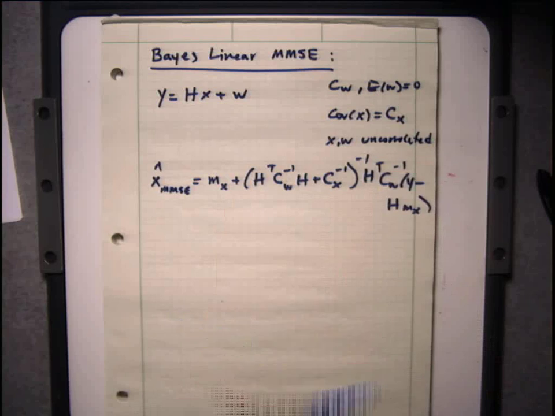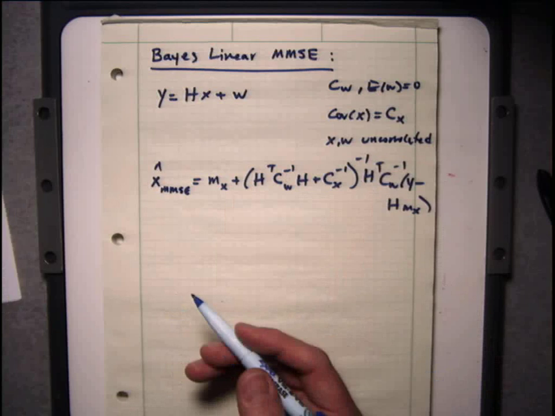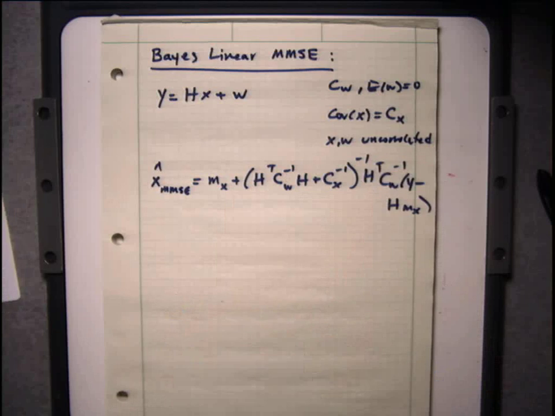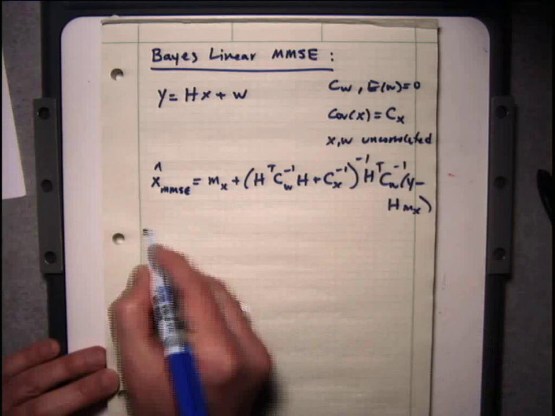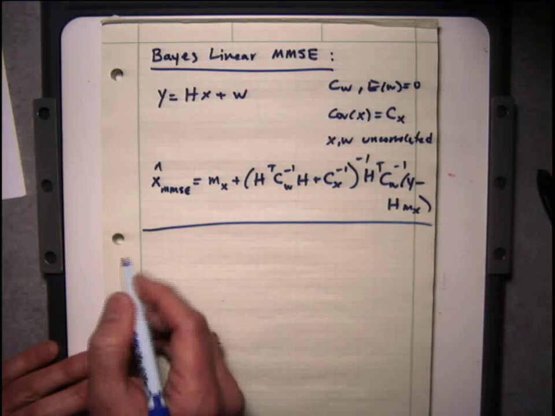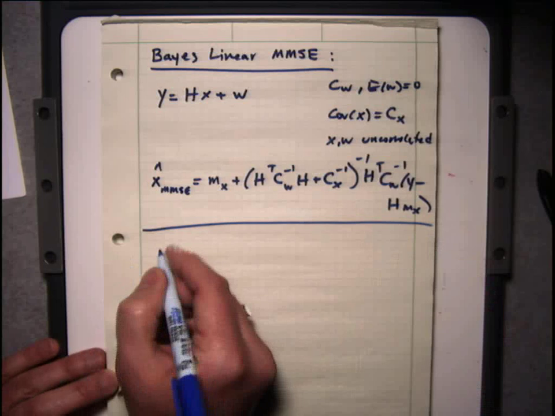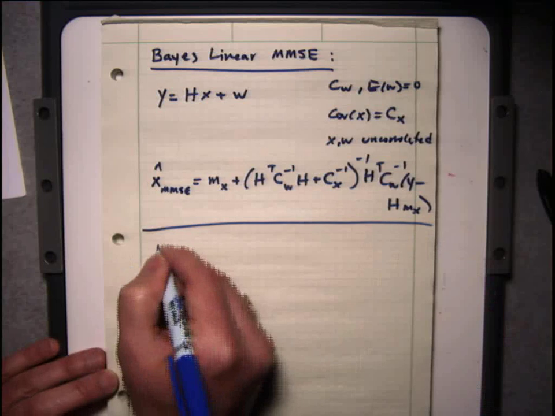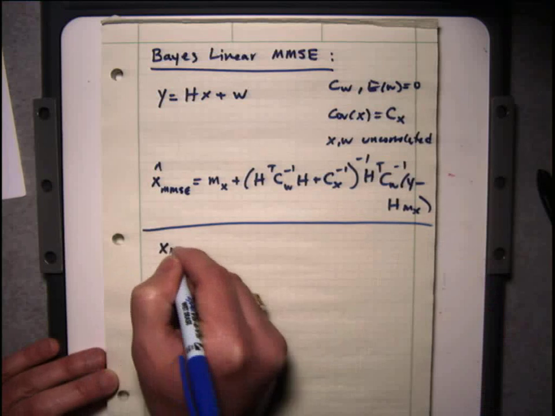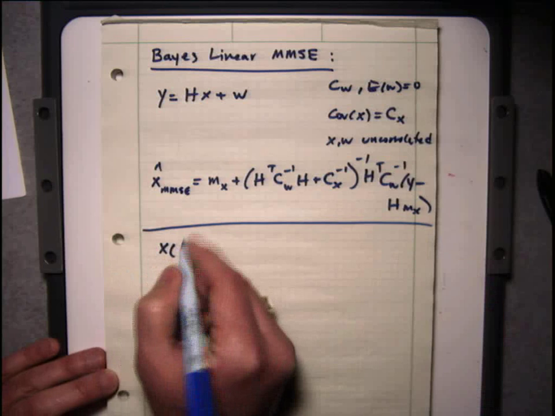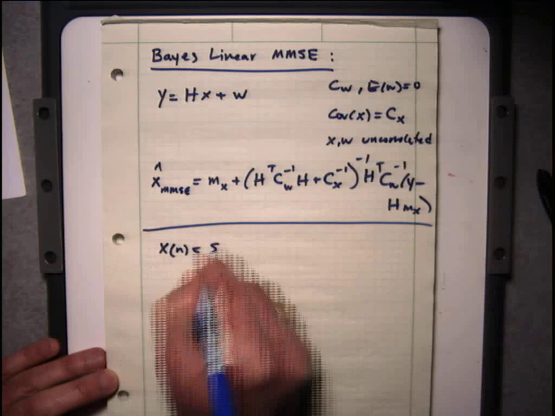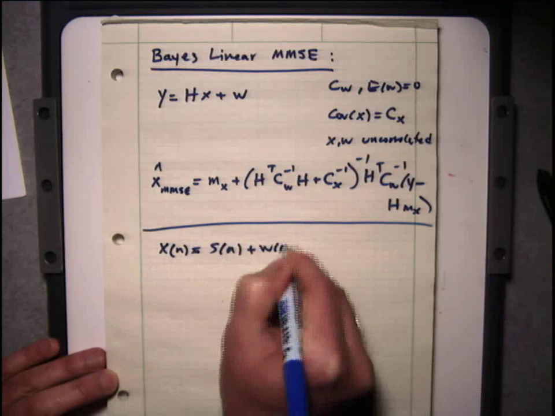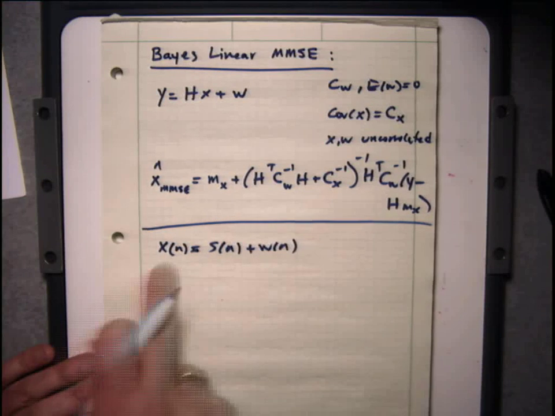Okay, so then we talked about another type of data processing problem where the measurement is of the following sort. Suppose you have x of n equals s of n plus noise. So here, x this time is your measurement.